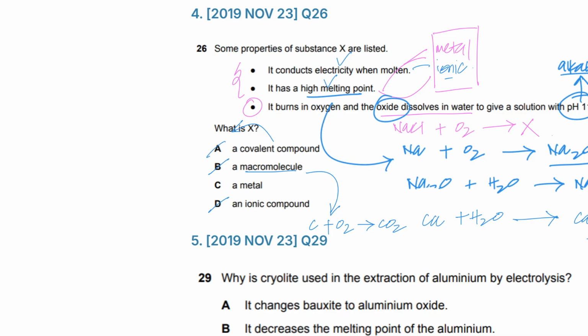And you'd also understand that covalent compounds usually give you acidic oxides. Non-metal oxides give me acidic oxides, right, which would not give me a pH of 11 when dissolved in water. Like if I take SO3 and dissolve it in water, it'll give me sulfuric acid, which does not have a pH of 11. It has a pH of around 1 or 2, right? So you'll realize that the only option left is option C.